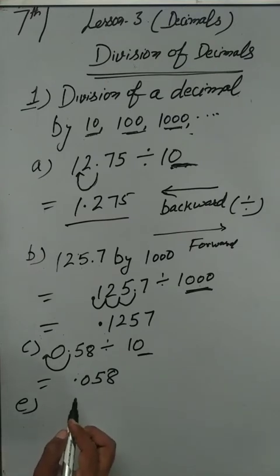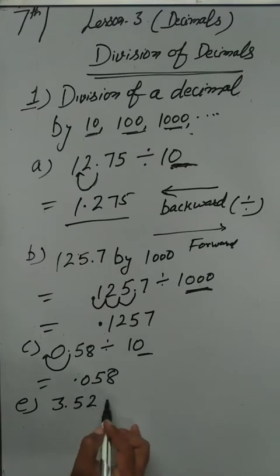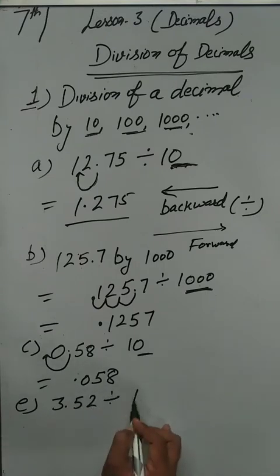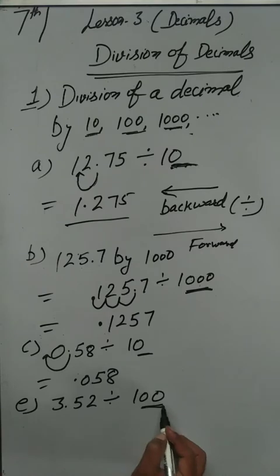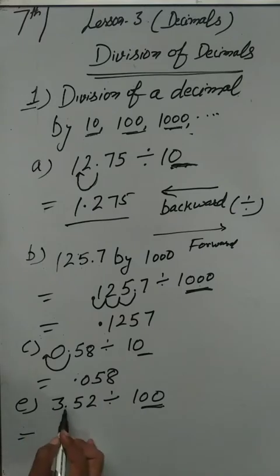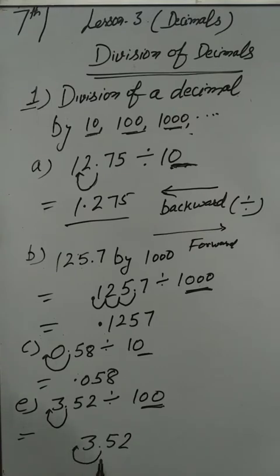One more example I want to discuss. 3.52 divided by 100. Now beta, how many zeros? 2 zeros are there. So the point will shift 2 positions toward the left. Look here, when the point jumps 1 position, no digit is there.